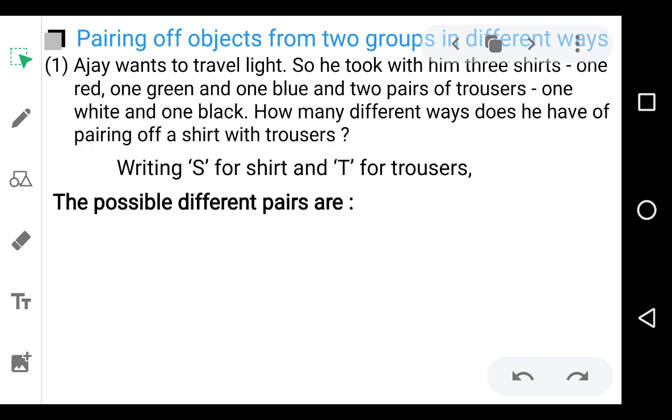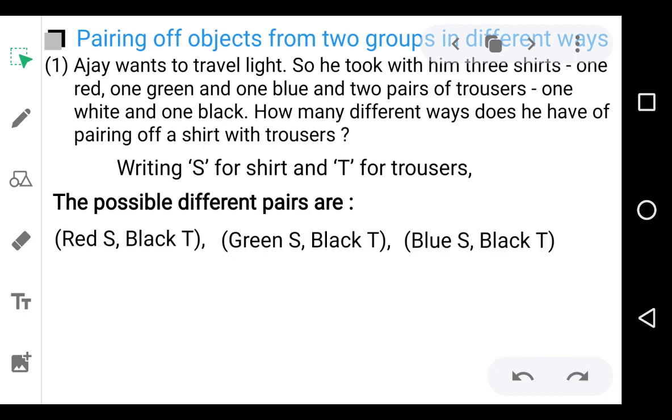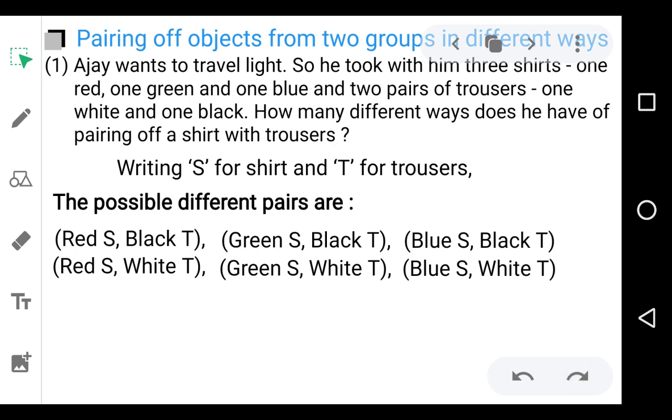So see, red shirt, black trousers, green shirt, black trousers, blue shirt, black trousers. Now we make the pairs with white trousers. Red shirt, white trousers, green shirt, white trousers, blue shirt, white trousers. So how many pairs? There are 6 pairs. Altogether 6 different pairs.